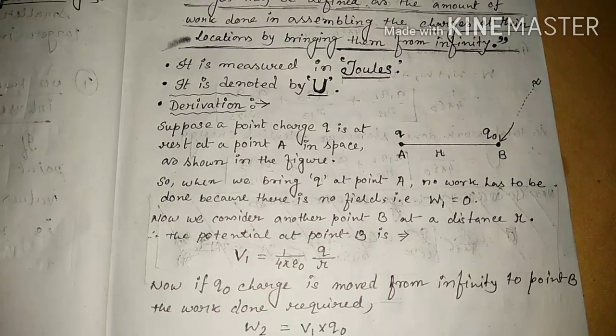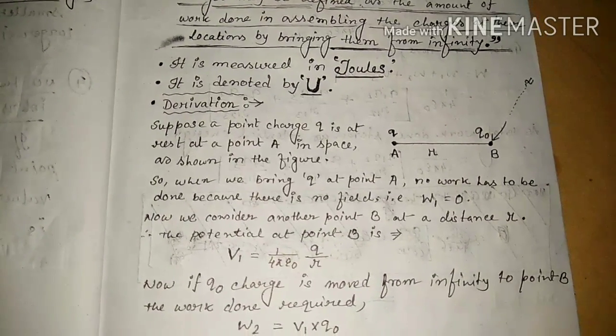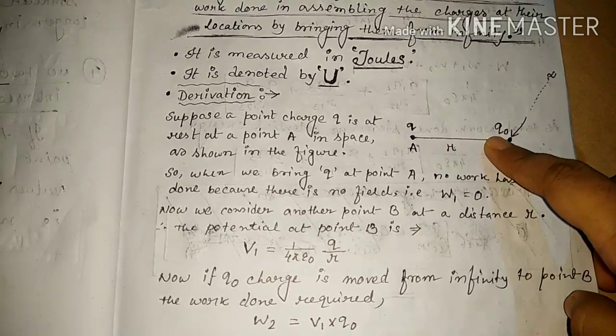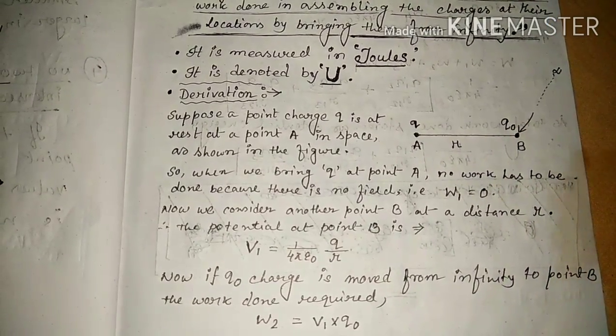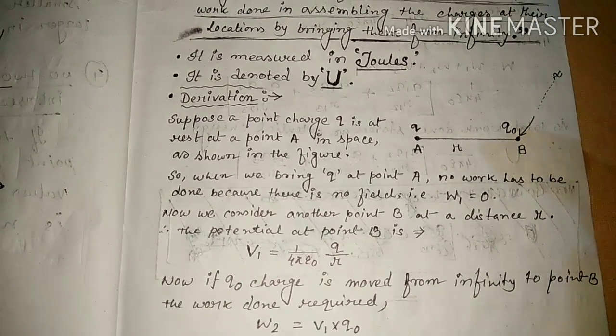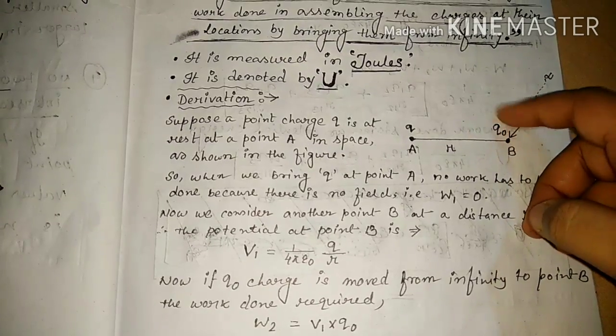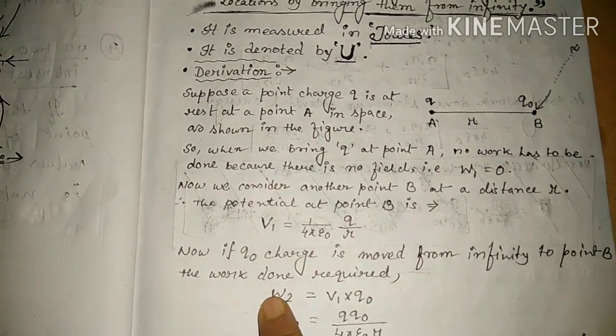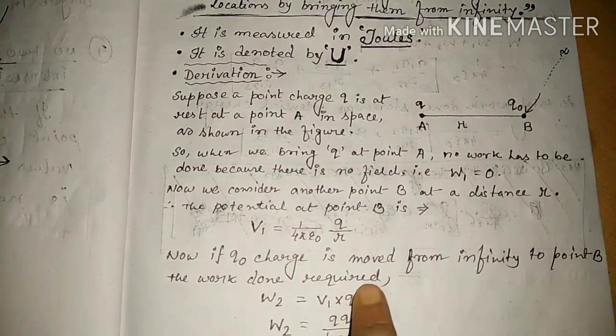Against this electrostatic force, work has to be done on the second charge Q naught, and that work done W2 equals V1 into Q naught.